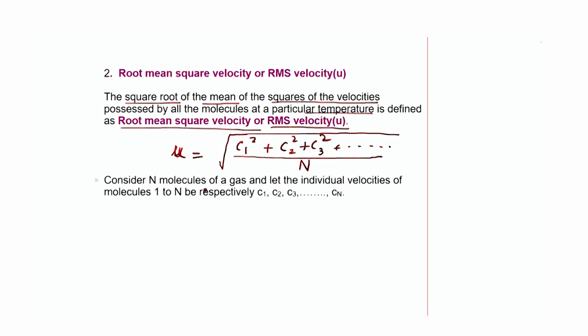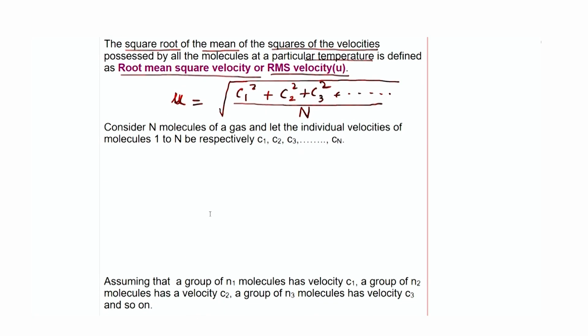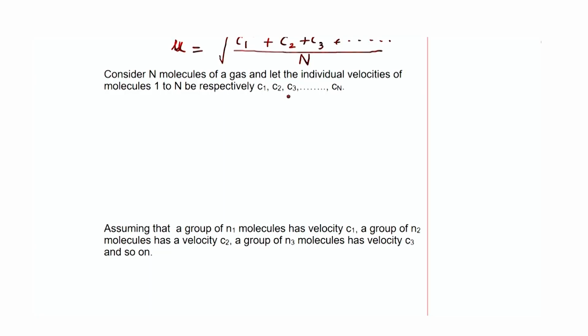Okay, consider n molecules of a gas, where the individual velocities for 1 to n are C1, C2, C3 up to Cn, and we are going to assume that there are n1 molecules having a velocity C1, n2 molecules having a velocity C2, n3 molecules of velocity C3, and so on. Then we can write this in two forms. This is for the total number of molecules.